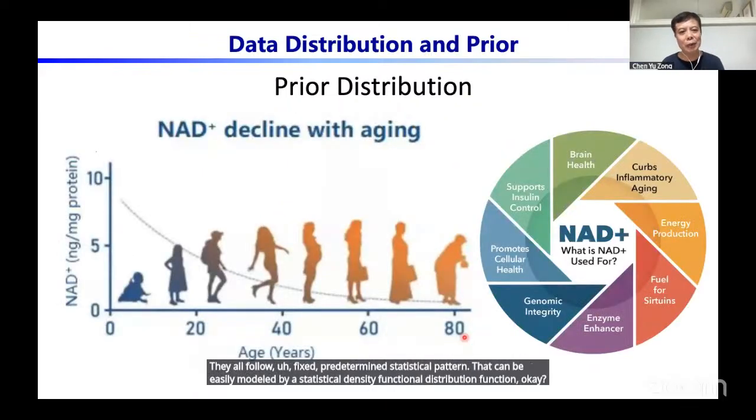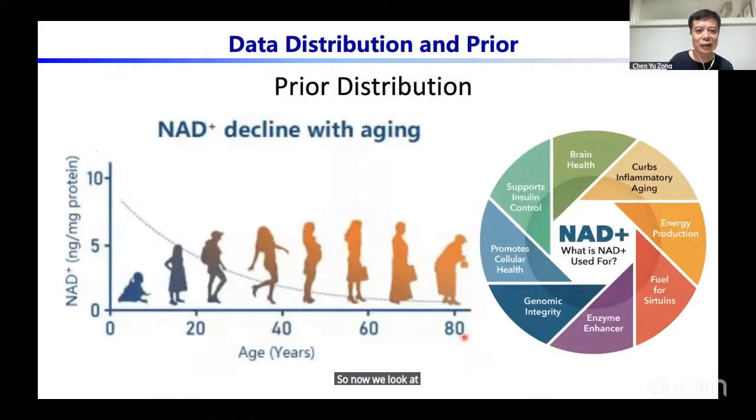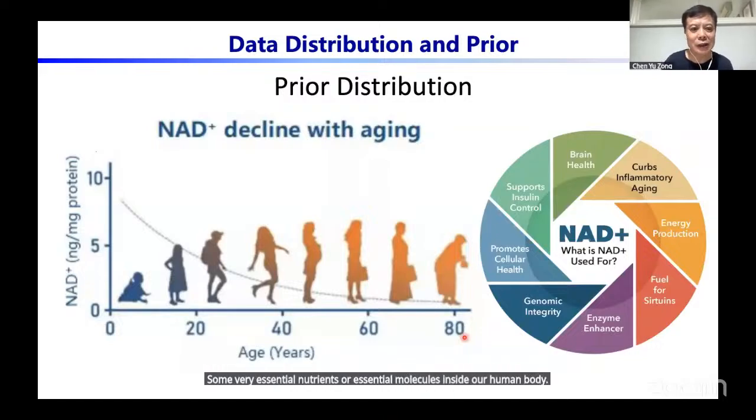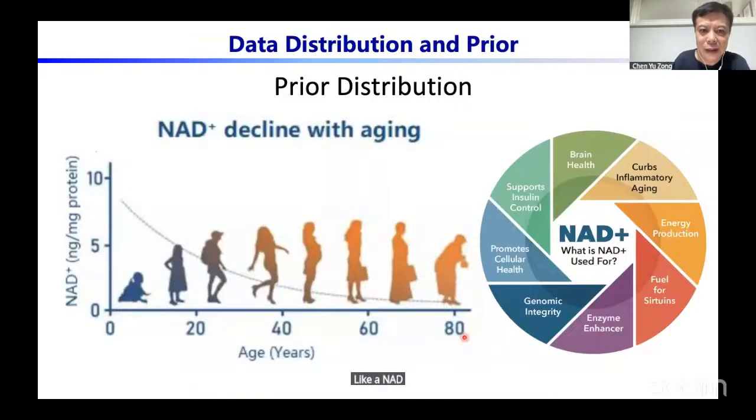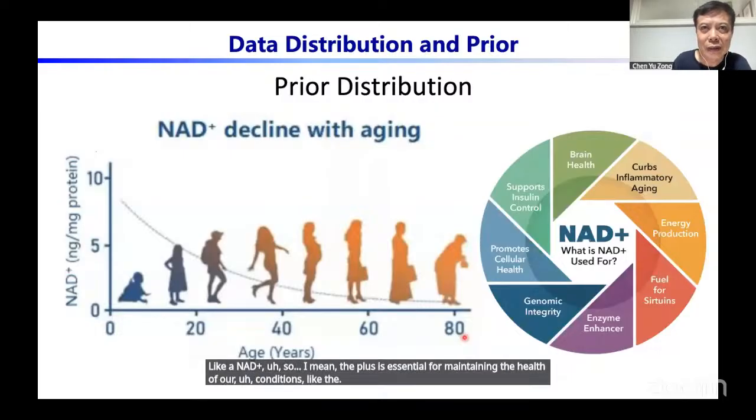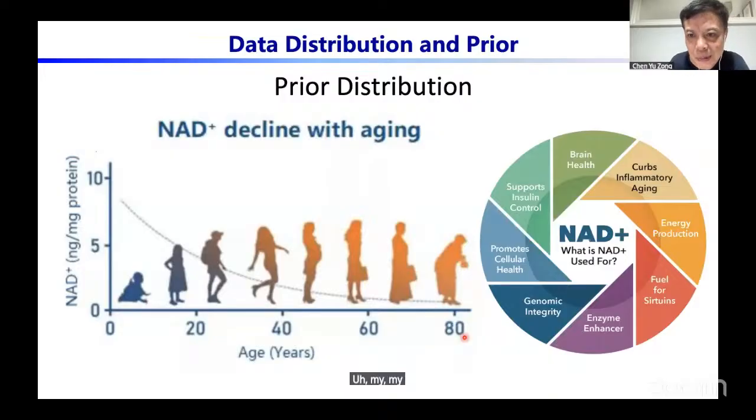Now we look at a second set of examples. This is about some very essential nutrients or essential molecules inside our human body, like NAD plus. NAD plus is essential for maintaining the health of our conditions like the metabolic process, DNA repair, and so on and so forth.